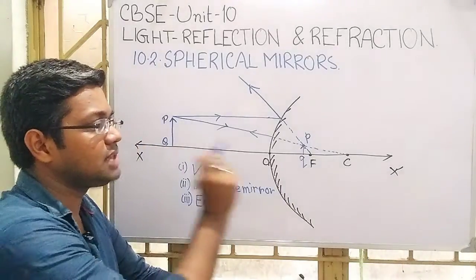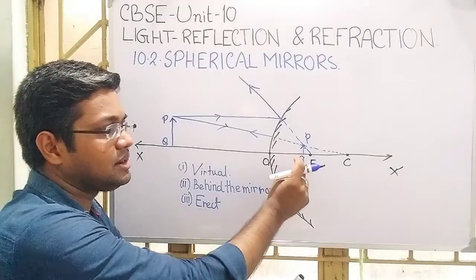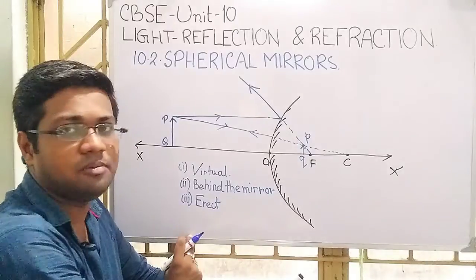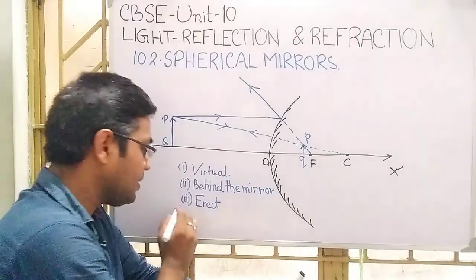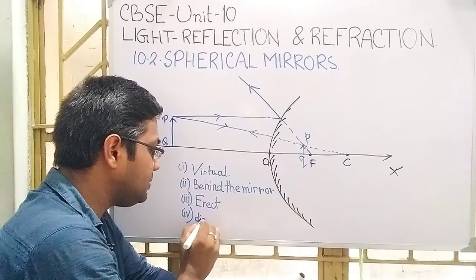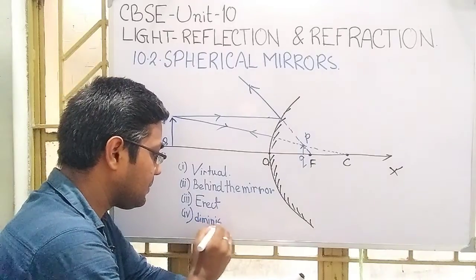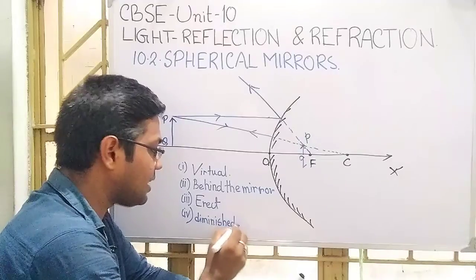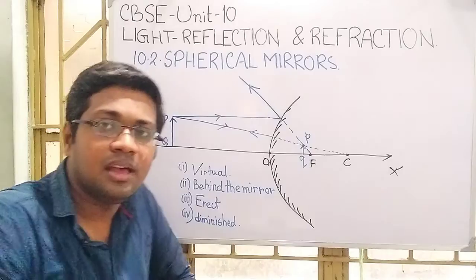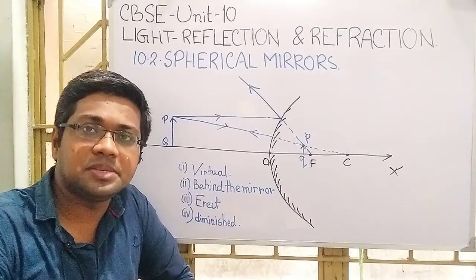Now look at the size of the image. It is clear from the diagram that it is smaller than the object. So we can say the image is diminished, or less magnified. These are the characteristics of the image formed in the case of a convex mirror.